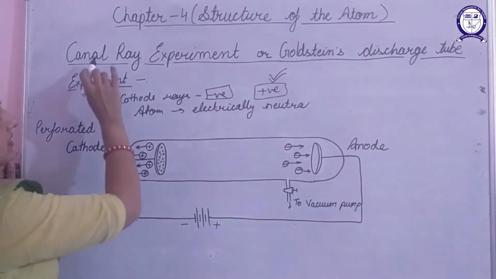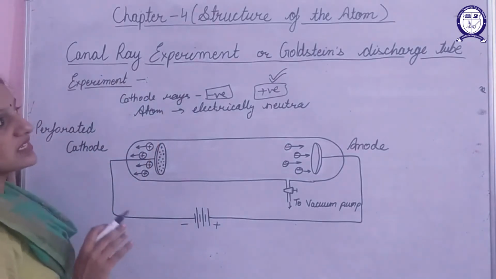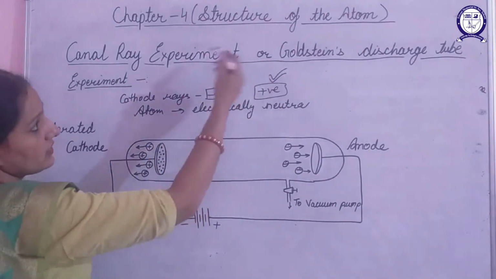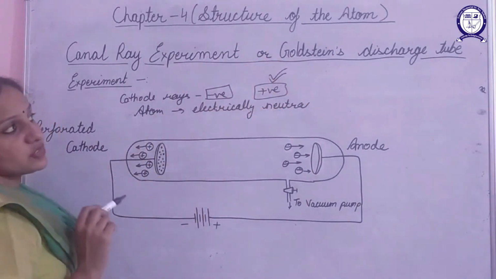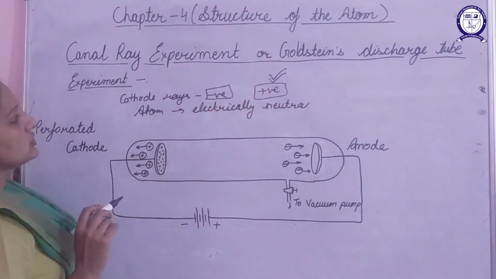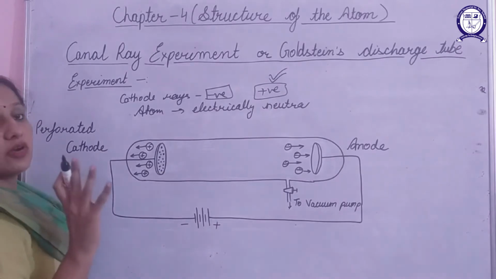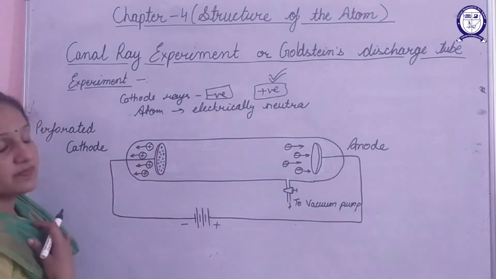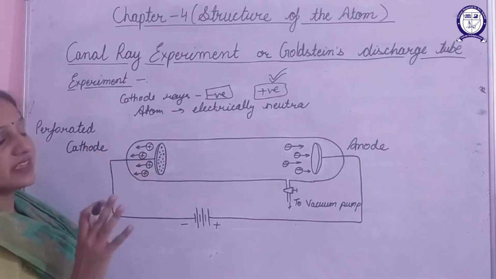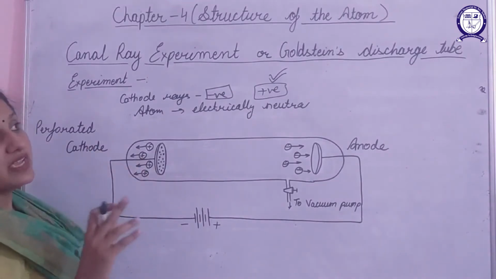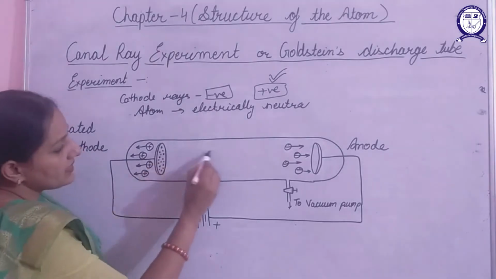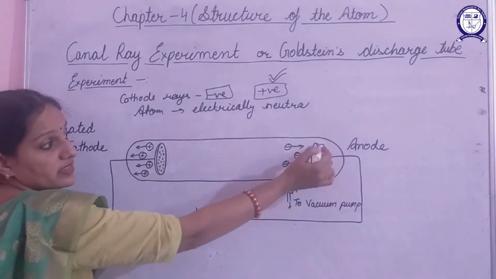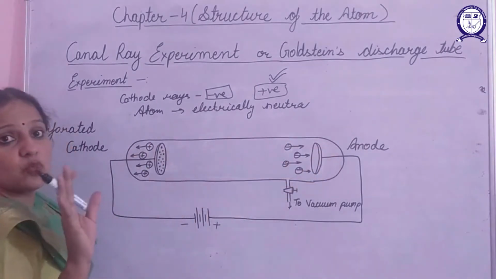So then experiments related to the discovery of these positively charged particles started. One was the canal ray experiment. This was conducted by a scientist whose name was Eugen Goldstein, so we can also call it the Goldstein discharge tube experiment. Now what did he think? He studied the cathode ray tube experiment that we studied before this. He thought that if some particles are emitted by the cathode towards the anode, they strike the wall behind it and some glow is observed.